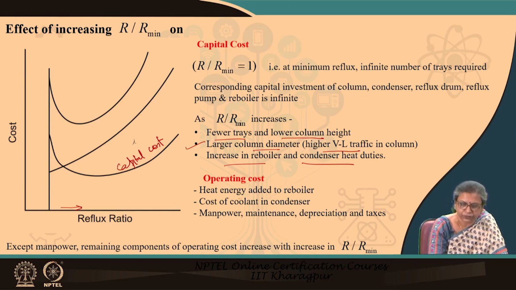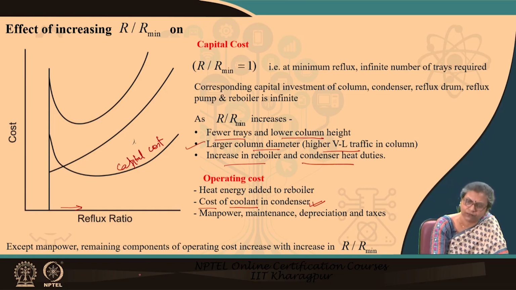On the other hand, if you consider the operating cost, when you increase the reflux ratio, more and more reflux is generated. So naturally the heat duty in the condenser increases, the amount of coolant in the condenser increases, and the cost of coolant increases.